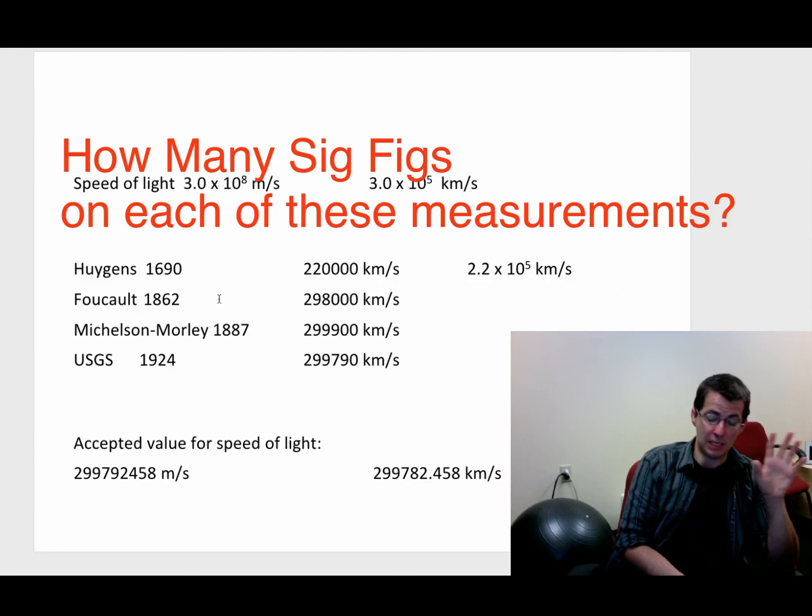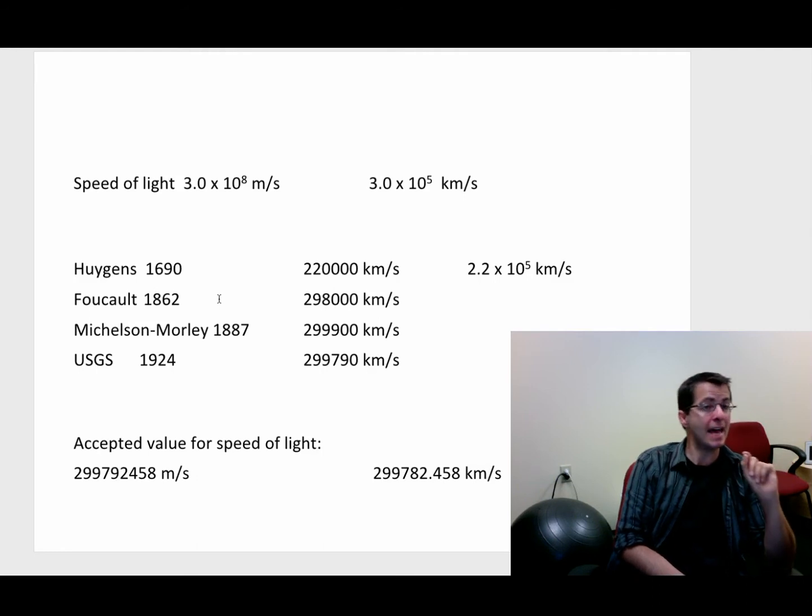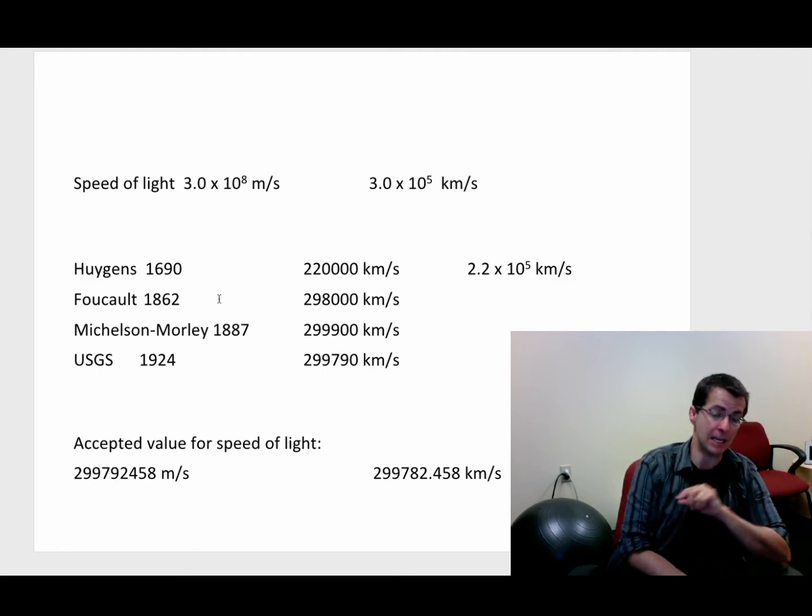Now, using our rules of significant figures, you can see that the number that Huygens generated has 2 sig figs. Notice I didn't actually include the decimal point on purpose, just to show that there's 2. So the estimated digit in this case, the uncertain digit, is that second 2.